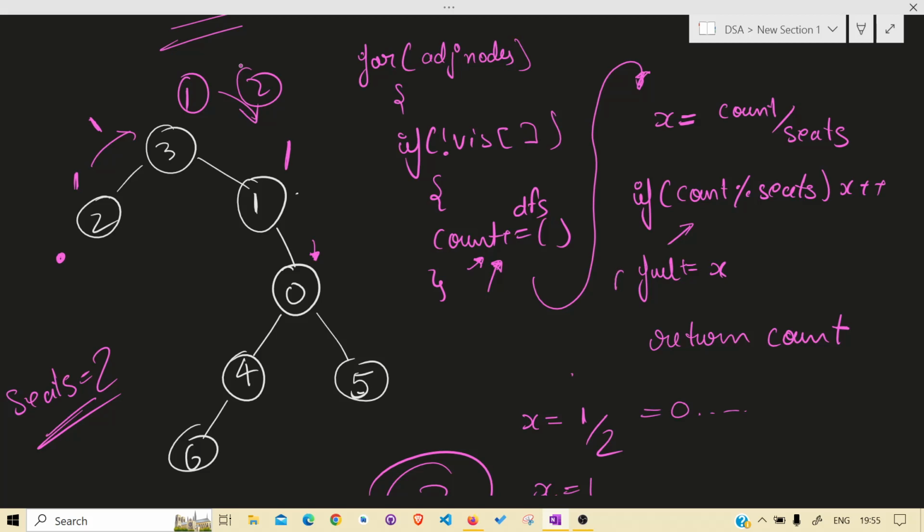So we can modify this condition: over here we will just add one condition, if whatever the node over here is not equal to 0, then we will keep on adding. That's the basic flow of our algo.